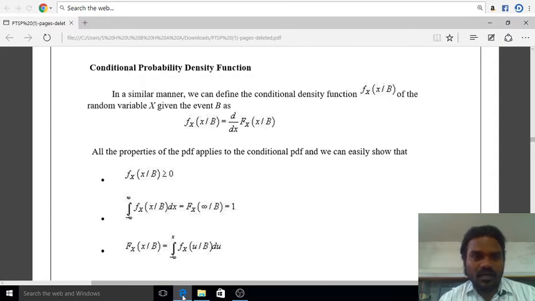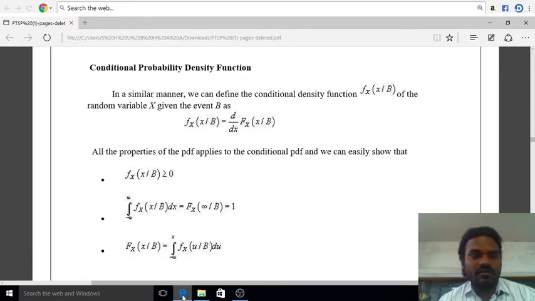So, in the last class, we discussed the conditional probability. In a similar manner, we can define the conditional density function fx of x by b of the random variable x given the event b. Here x may be any random variable.